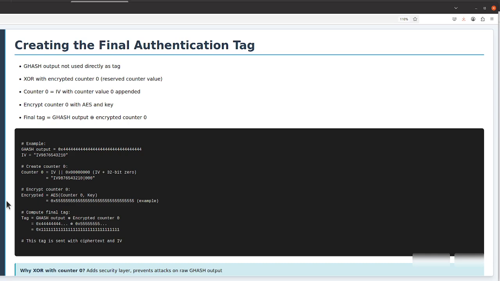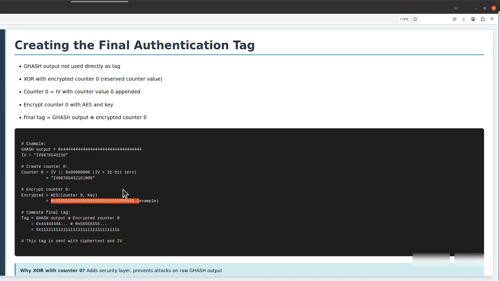Let's say our IV is 0x98...10. And we append counter 0 to make IV 0x98...10 || 000. We encrypt this with AES and our key, producing, for example, 0x77...77. This is our authentication keystream.